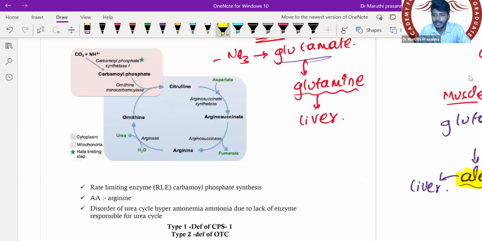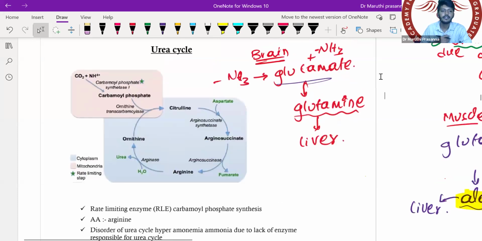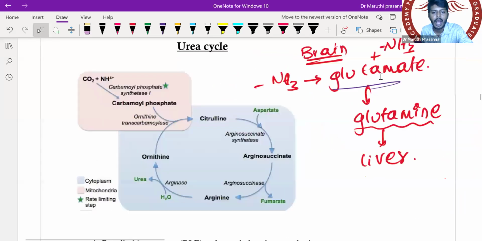Once ammonia comes into the liver, what will happen? Let's understand.